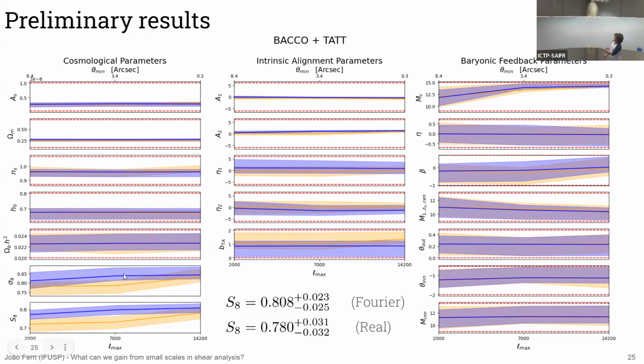But the nice thing here is that, first, even if you don't include all data, they are a little bit more compatible with each other. The second nice thing is that sigma 8 here is much closer to Planck's value.